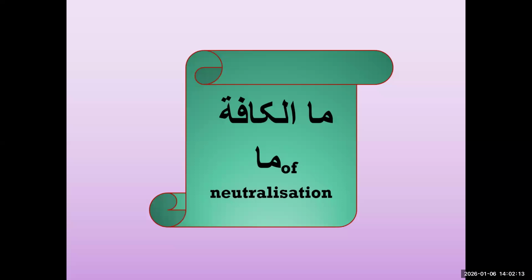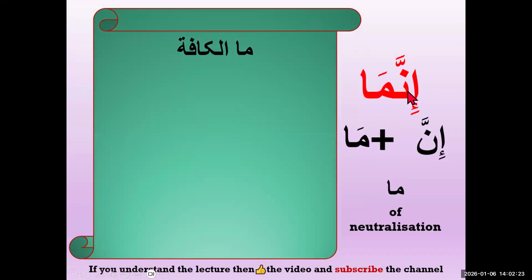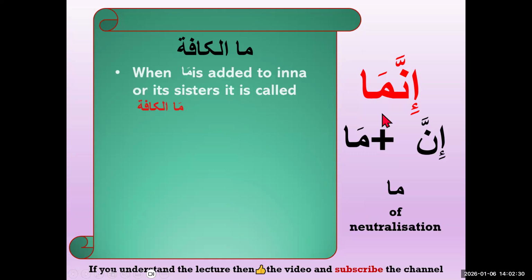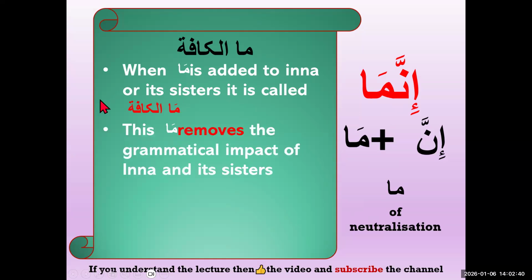The small topic I want to explain as well is called ma'ul kafa, the ma of neutralization. What is ma'ul kafa? It is inna plus ma. When this ma is added to inna or its sisters, it is called ma'ul kafa. This ma removes the grammatical impact of inna and its sisters.